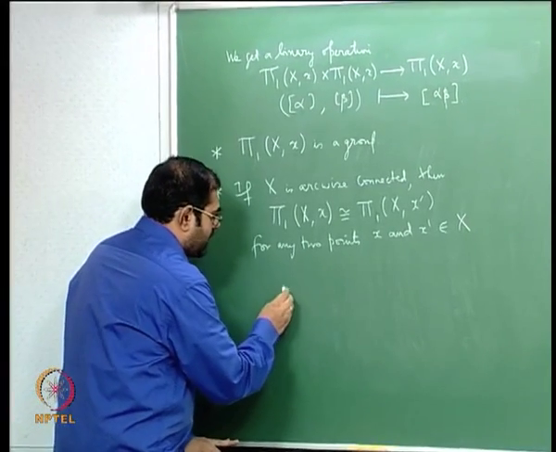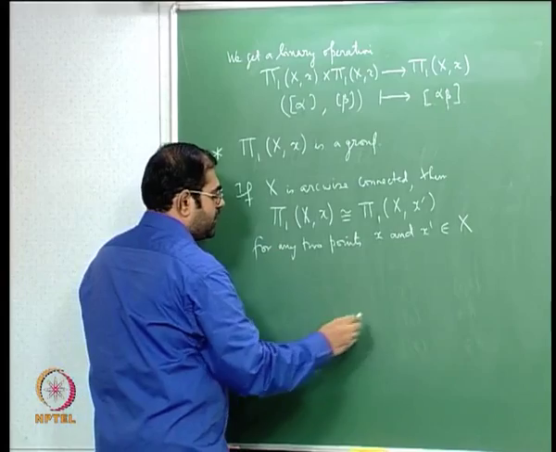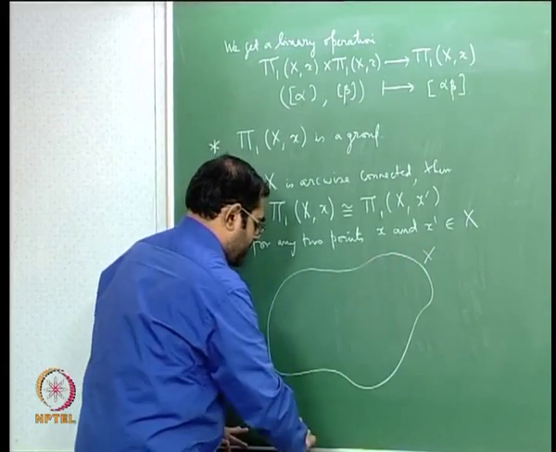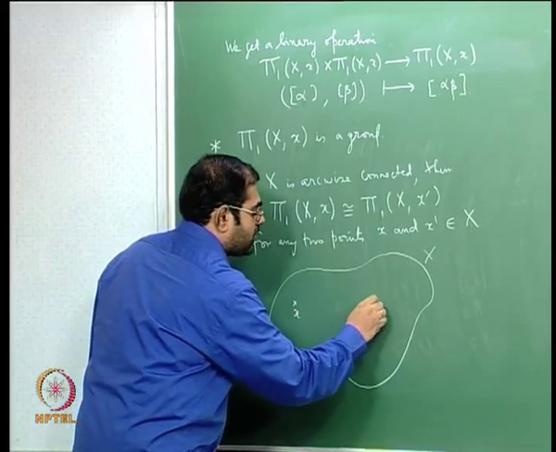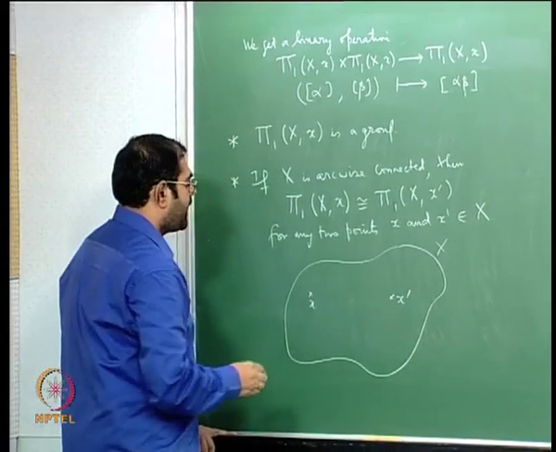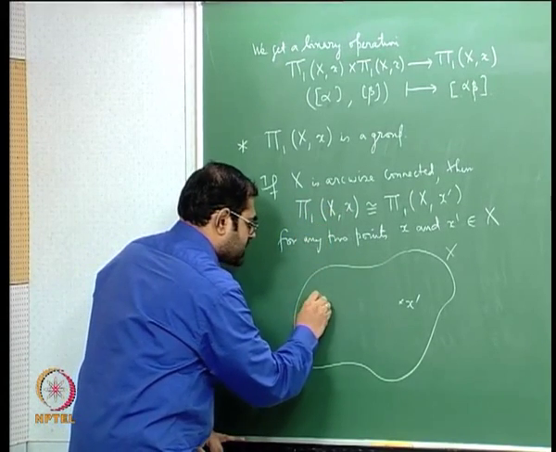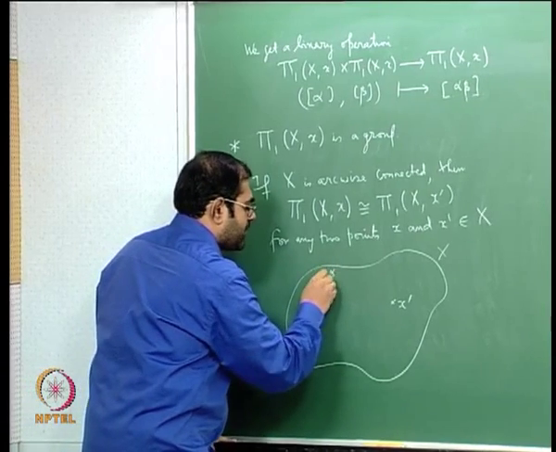Pictorially, this is my topological space, this is the point small x, this is the point x prime, and if I take an element here, this is a loop based at x, so I am going to get something like this, and it is going to be represented by alpha.